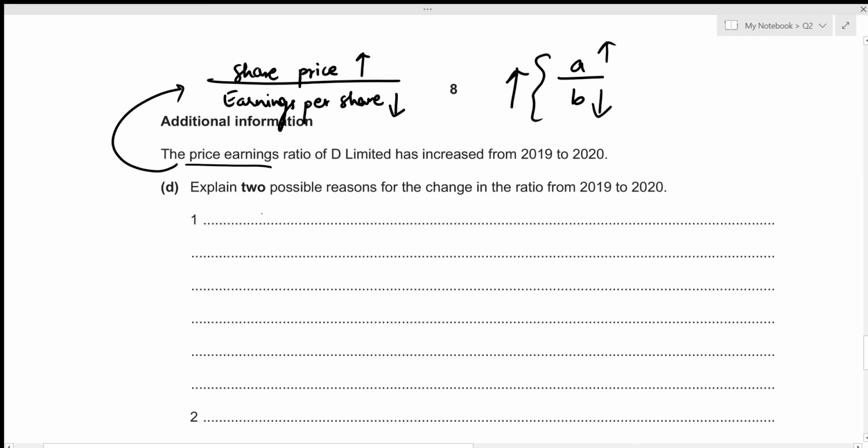Now we need to explain two possible reasons for the change in the ratio from 2019 to 2020. So like I said before, the first one could be that there is an increase in the current share price. Let's write it down. An increase in the current share price. And we also need to write down why this increase in the current share price could have taken place.